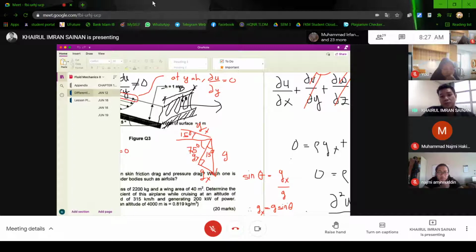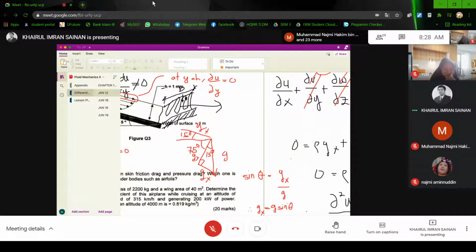And next we basically play around with the angle. So you have 15 degrees here, and then this one becomes 75 degrees because of 90 degrees, right? Since this is the one in the horizontal, 90 degrees to the horizontal should be g, the actual gravity.